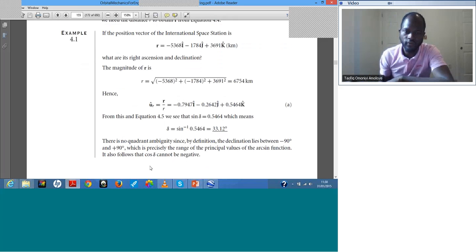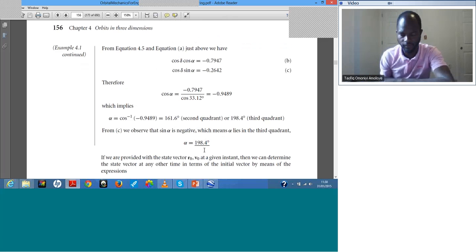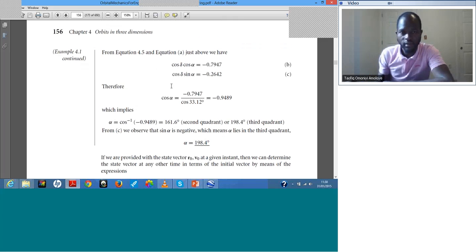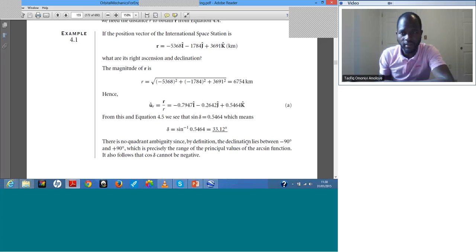It also follows that cos delta cannot be negative, because for angles in the range of 90 to minus 90 degrees, the cosine is always going to be positive.